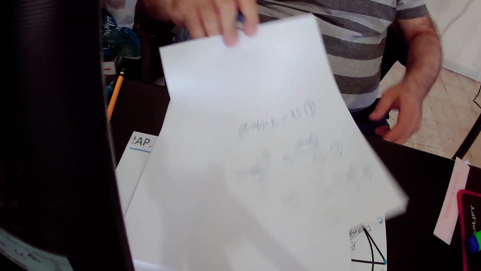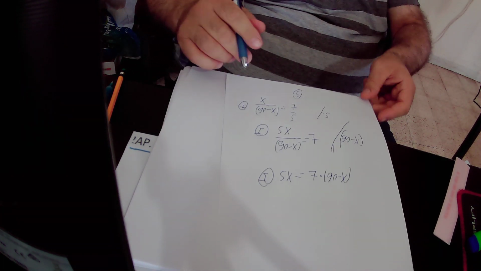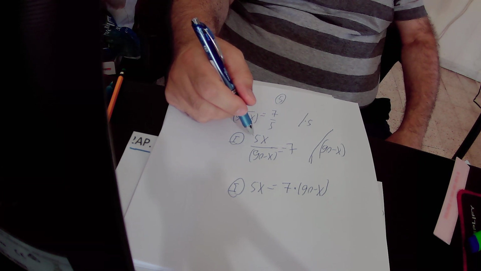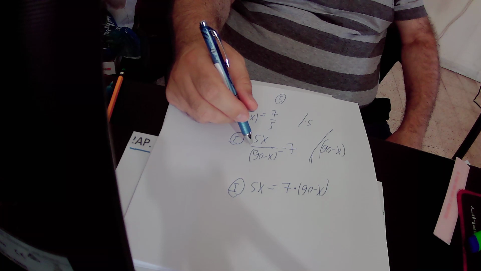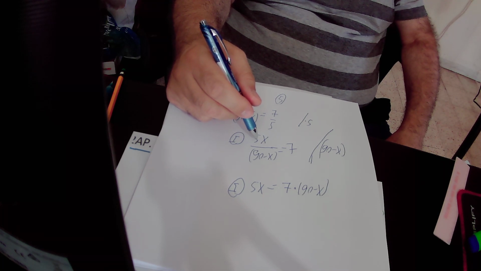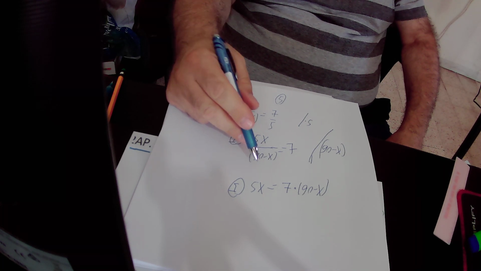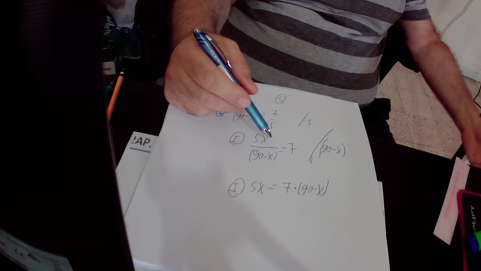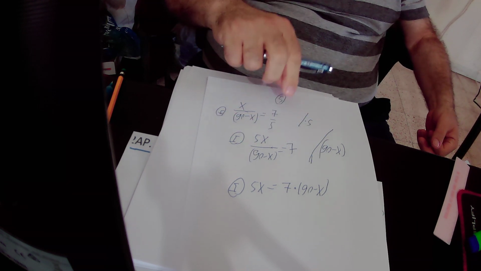We multiplied both sides of the equation by 90 minus 6, so 5x divided by 90 minus 6 times 90 minus 6 equals 5x, and 7 times 90 minus 6 stays 7 times 90 minus 6. Now we will open the brackets.